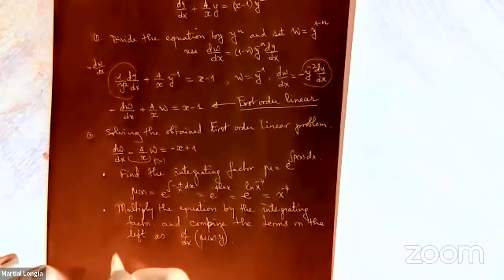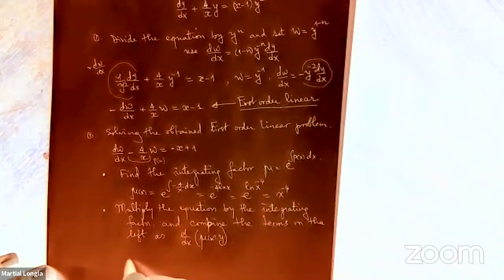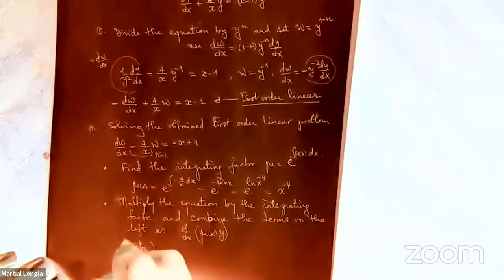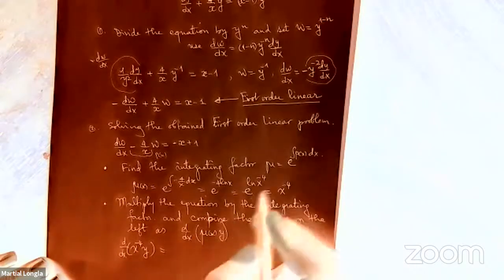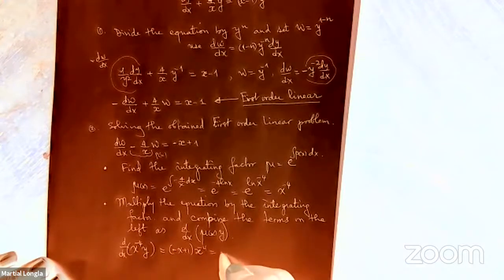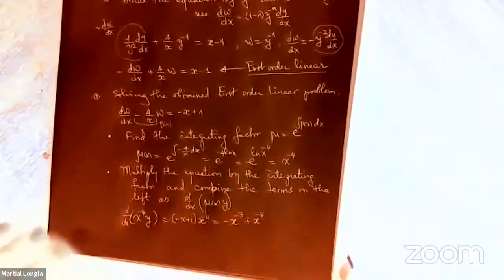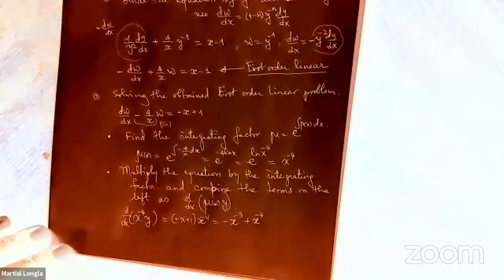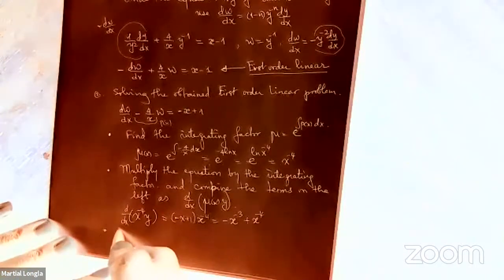So when you do that, you get d over dx of x to the -4 y equal to minus x plus 1 times x to -4, which is minus x to -3 plus x to -4. So you combine the terms and you multiply the whole thing by x to -4, that is the integrating factor. And the next step is to integrate.